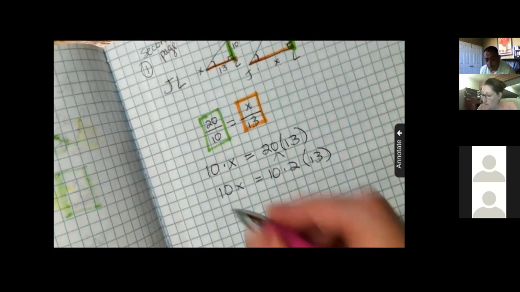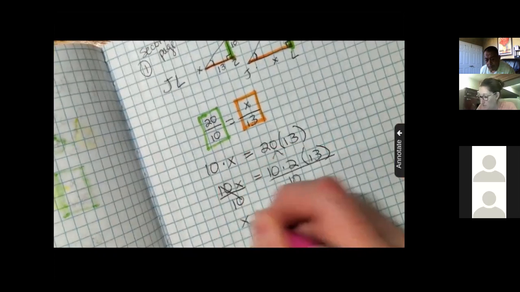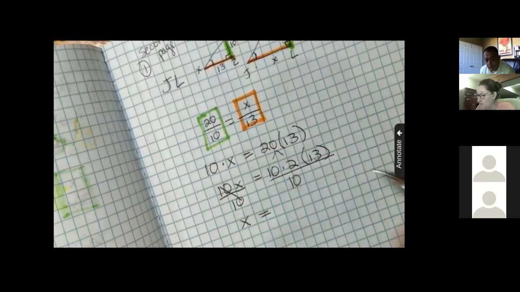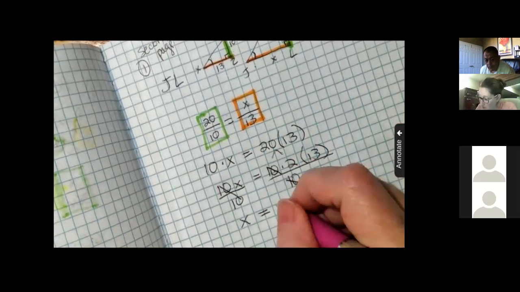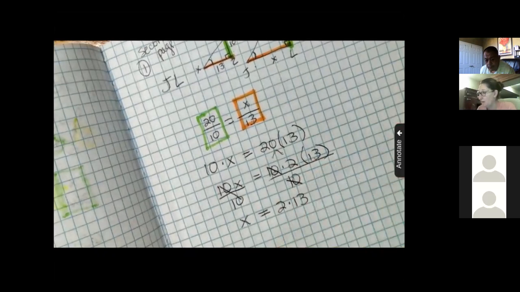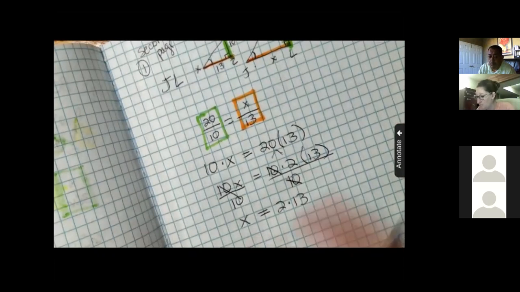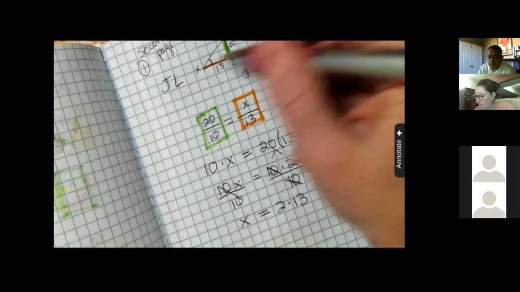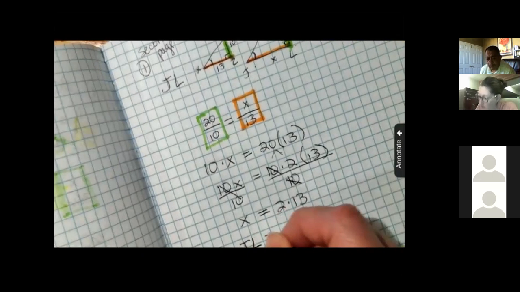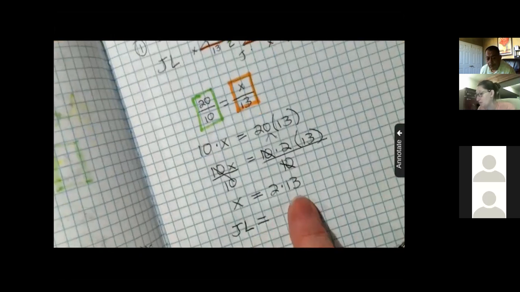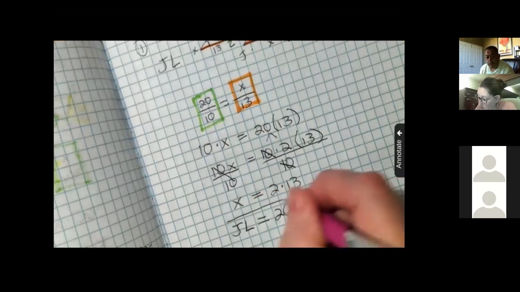I divide by 10, divide by 10. X is by itself, that was my goal. 10 takes out 10. Now I have 2 times 13 left, so I bring those down. My X is JL, and that's the answer they want, so I'm already going to change it so I don't have to rewrite it again. JL is 2 times 13, or 13 plus 13, which is 26.